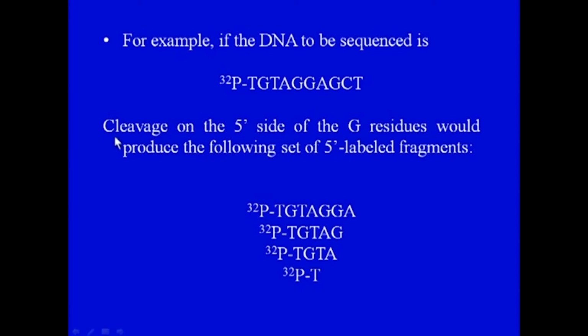The smallest one will be T, and if it occurs at the next G, you will get another bigger fragment, and finally, at the last G, you will get the largest fragment. That is what you can see on the gel when you run the acrylamide gel. You can see only those fragments which are labeled; the other fragments will not be seen here.